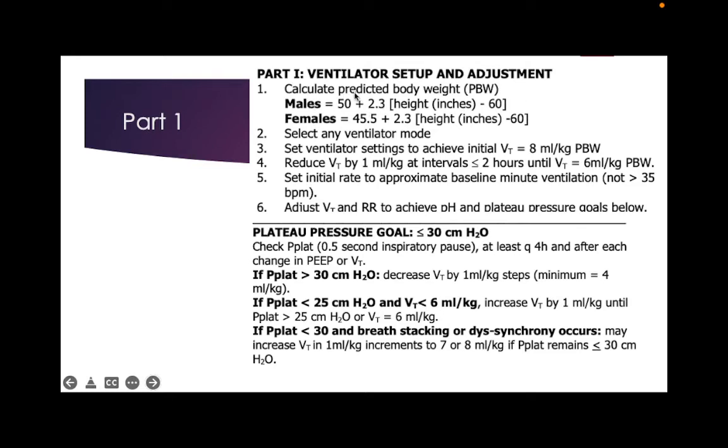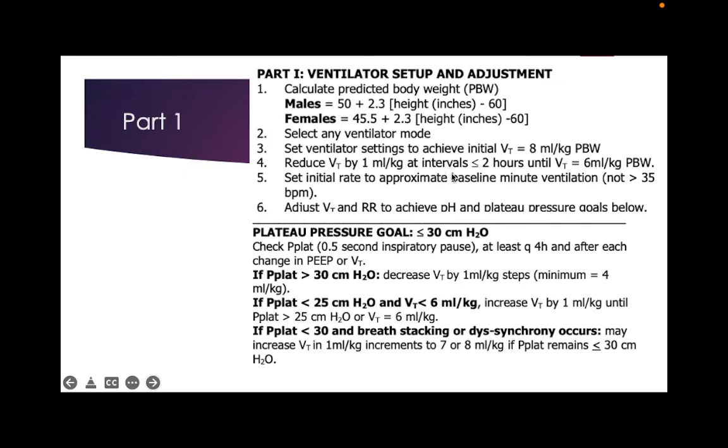Okay, step 1, calculate predicted body weight. If you ever are struggling to figure out what weight to use for ventilator settings, here's the formula. Take a tape measure, measure your patients, and it'll give you your predicted body weight in kilos, which is interesting because this is all in inches, but this is what happens when Americans make the rules.